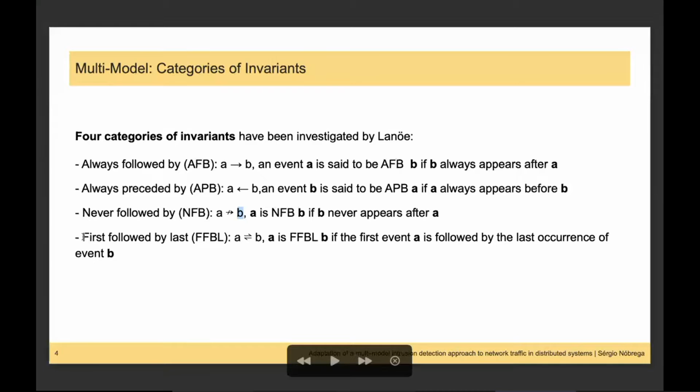And the last one is a bit more complex, and it's an invariant that was also investigated by David and a bit experimental, let's say.